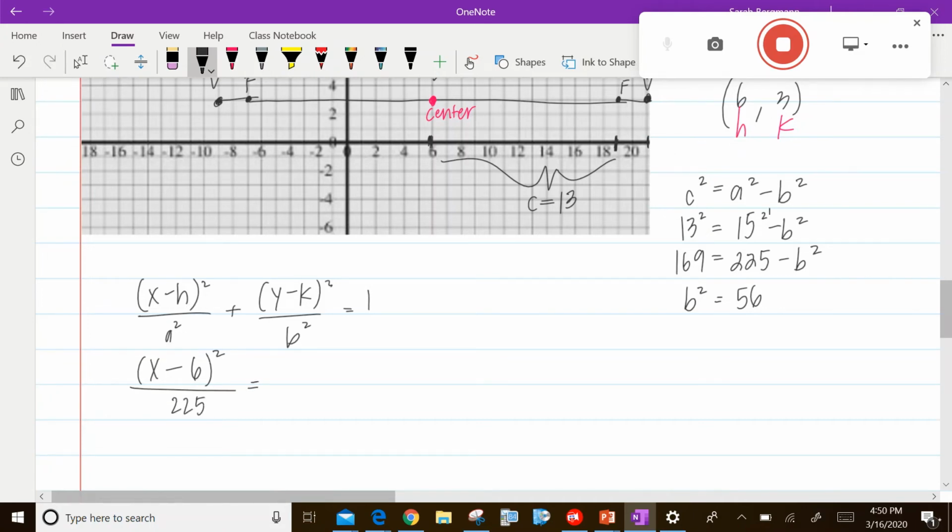That was a squared. Plus (y minus 3) squared over 56, since that's b squared, equals 1. There's my answer for the equation of this ellipse.